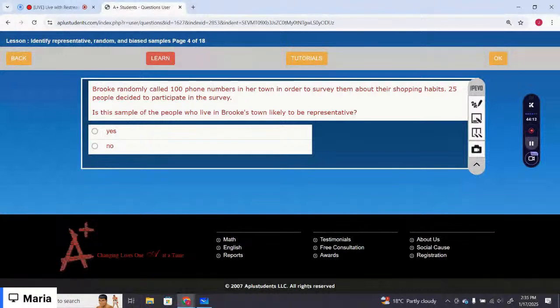Brooke randomly called 100 phone numbers in her town in order to survey them about their shopping habits. 25 people decided to participate in the survey. Is this sample of the people who live in Brooke's town likely to be representative?